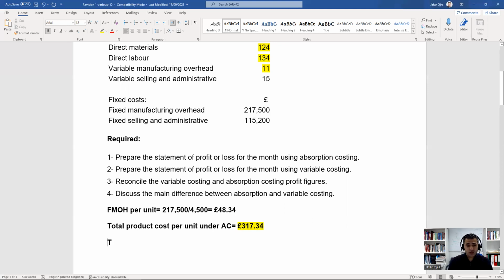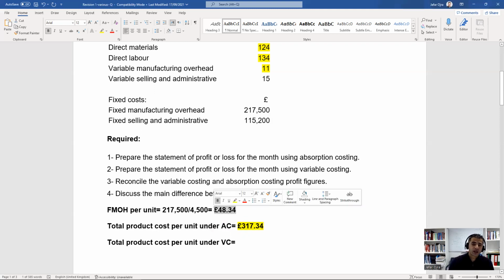Now, what is the total product cost per unit under variable costing or marginal costing method? In this case, you don't include the fixed manufacturing overhead, the 48.34, because this is classified as a period cost under the variable costing method.